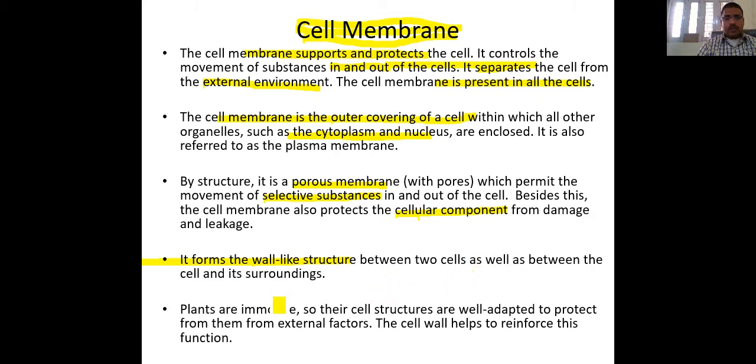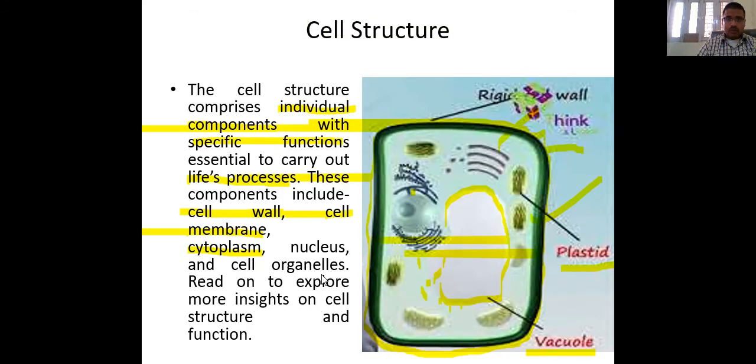Here, if you talk about this cell and this outer cell, there are two cells, and the plasma membrane and this external environment provide the walls.